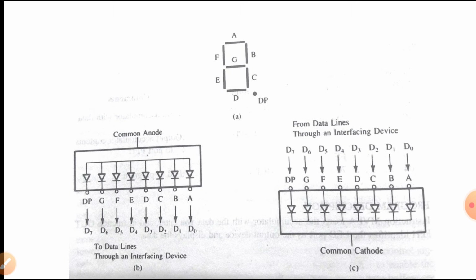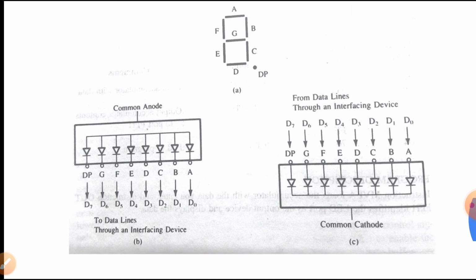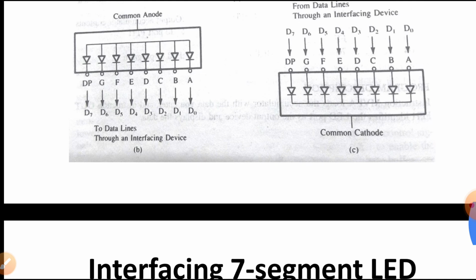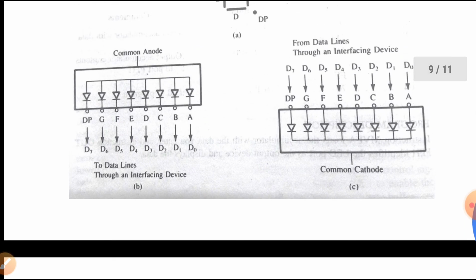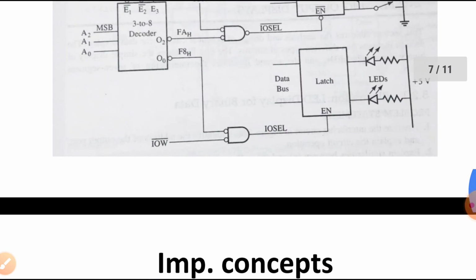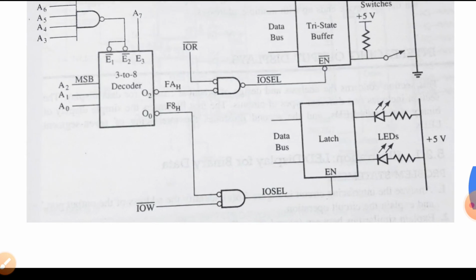Now the code for each digit is determined by examining the connection of the data lines to the segments as well as the logic requirement. Therefore, to design an output port with a certain address, suppose the address is F5, whatever we have seen here, the address here is F8.